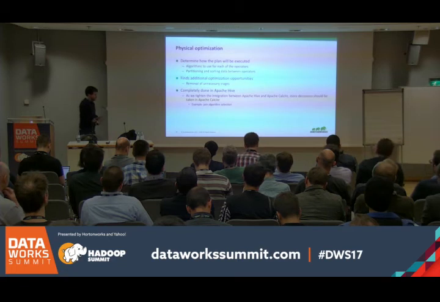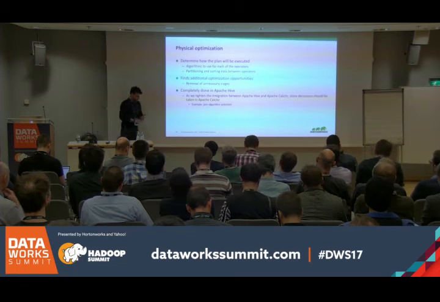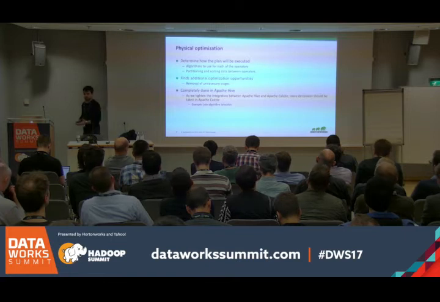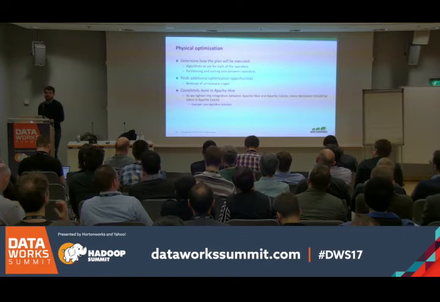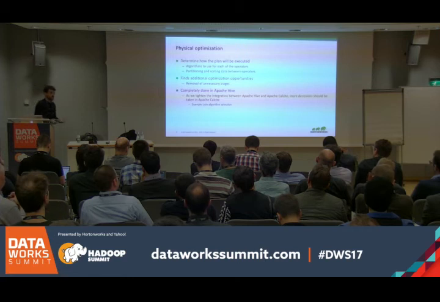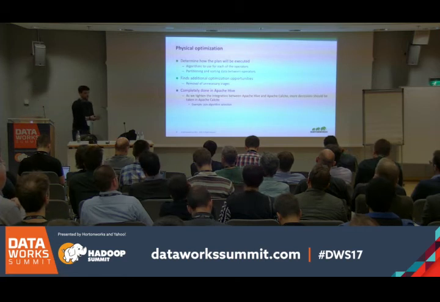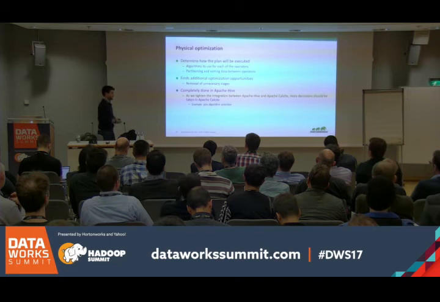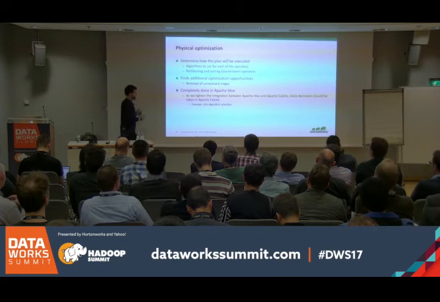We also want to take advantage of the information on partitioning and sorting of the data between operators, because maybe you can remove some of the repartitioning or sorting phases depending on the sorting order of the previous operations. This is what I mean by removal of unnecessary stages.